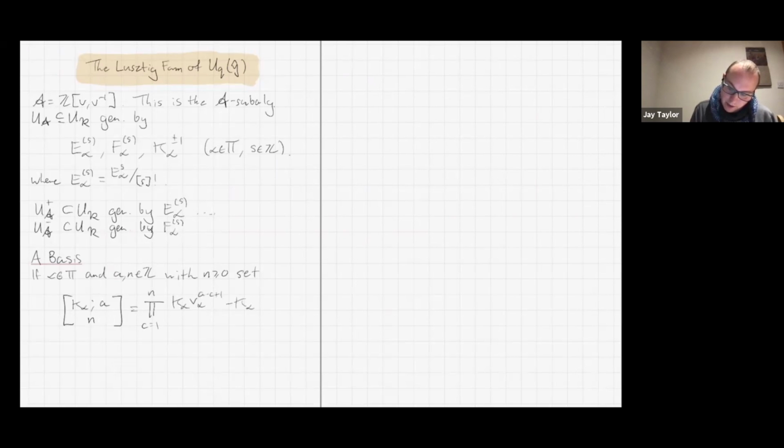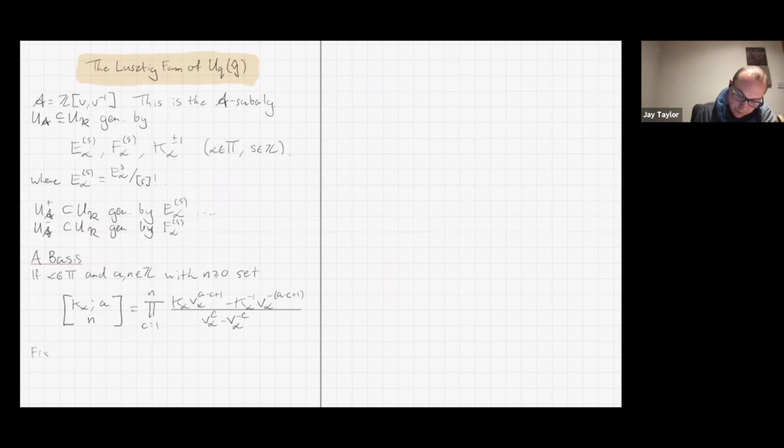I'm writing it like this, but really I could write it in a way that made it look more like quantum binomial coefficients. In terms of the distribution algebra, this is really playing the role of the binomial coefficients you see in the toral part of the distribution algebra. We're going to follow Kalder's talks.